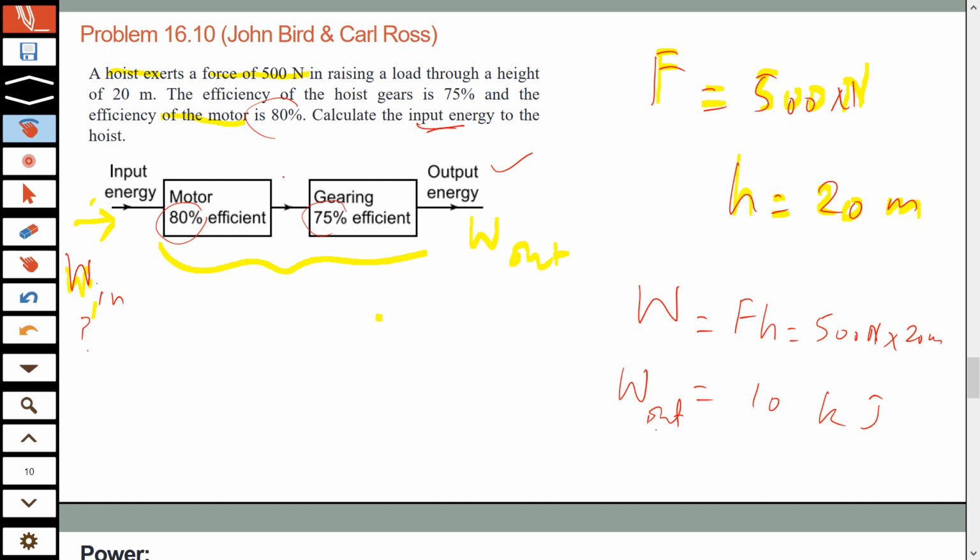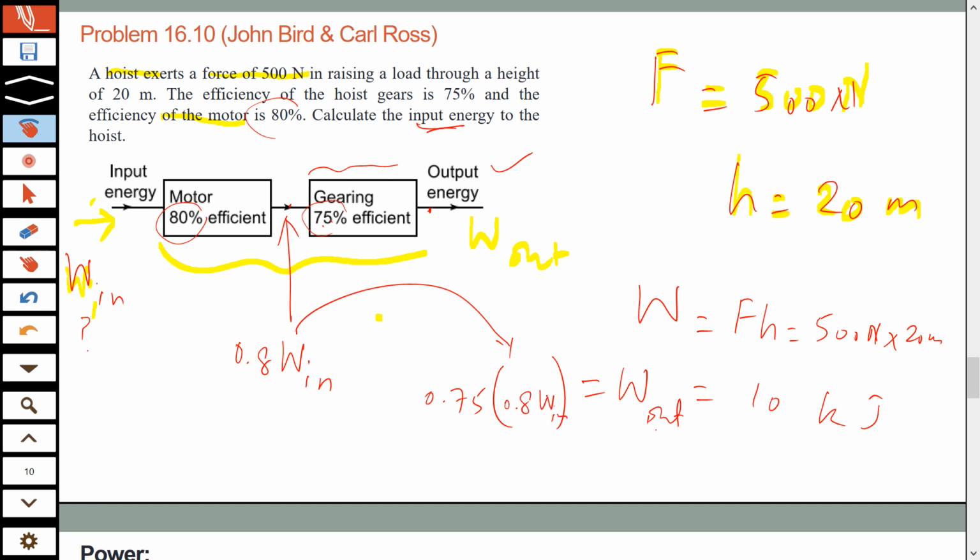So here 80% of that energy, 0.8 times Win, will be available here. Not all of the energy is available at this point. Now when the losses in the gear are incorporated, the output energy available is 75% of the energy available, which is this.